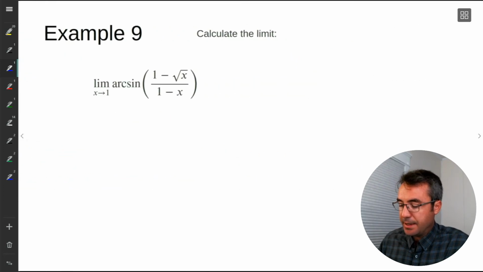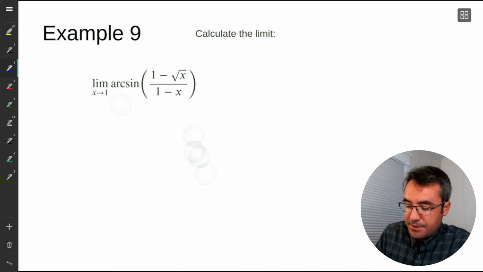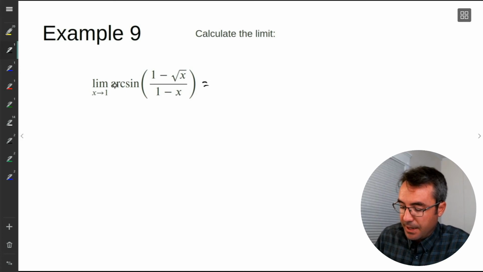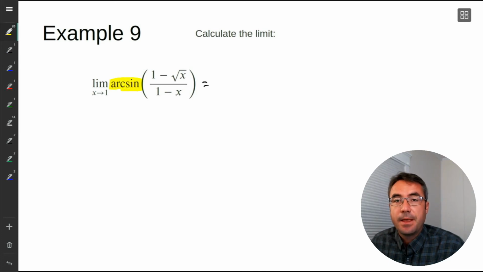So let's try an example, example 9. We have this composite function we just calculated, arcsine of 1 minus the square root of x over 1 minus x. We want to calculate the limit of this as x goes to 1. So the first thing we should think is, let's identify our outer function, which is arcsine in this case.